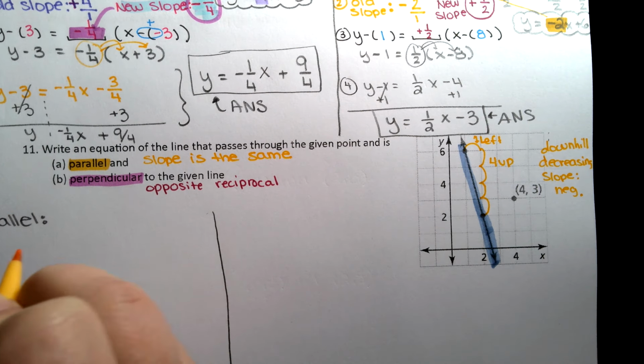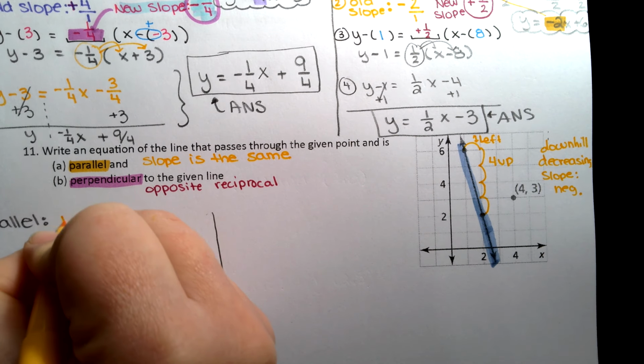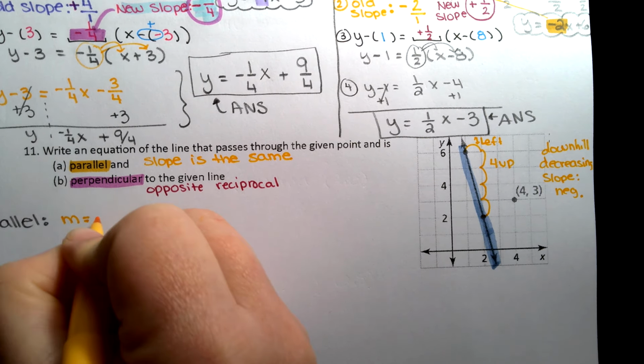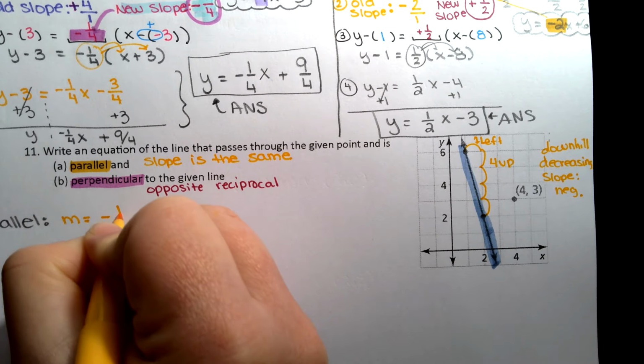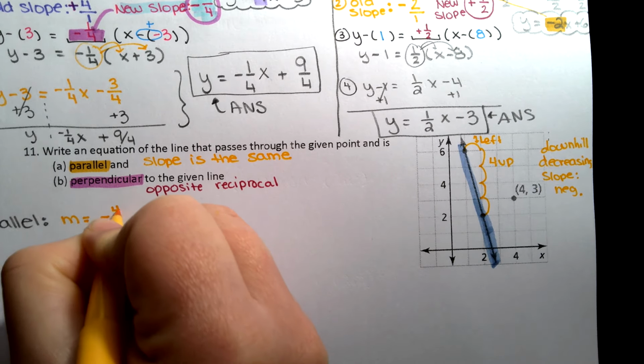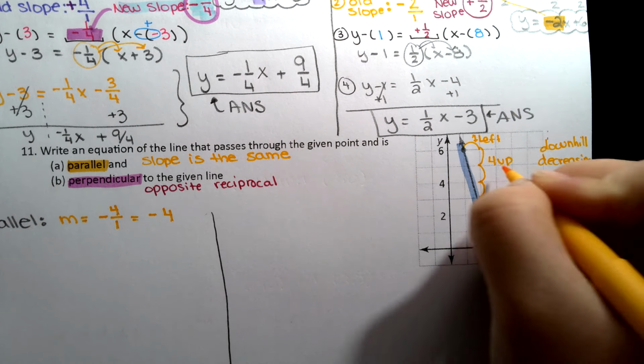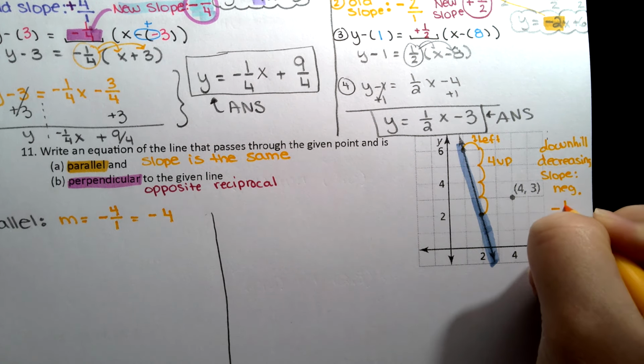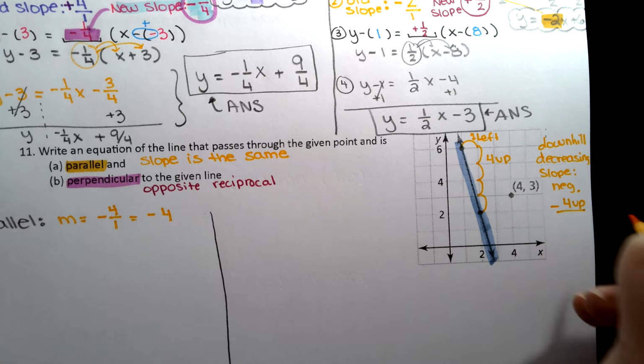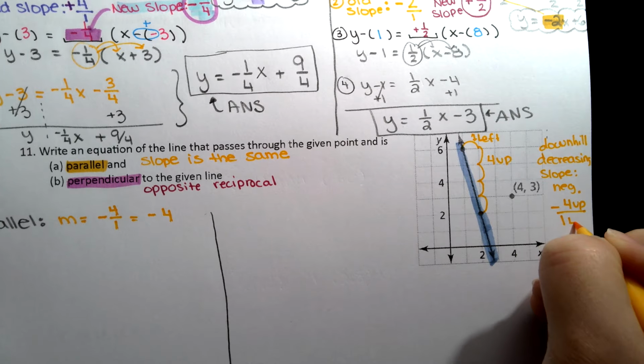So what we're going to do is we're going to start with the slope. And that's going to be 4 over 1, which is just negative 4. Always go up first, then go to your right or to your left. So we are going left.